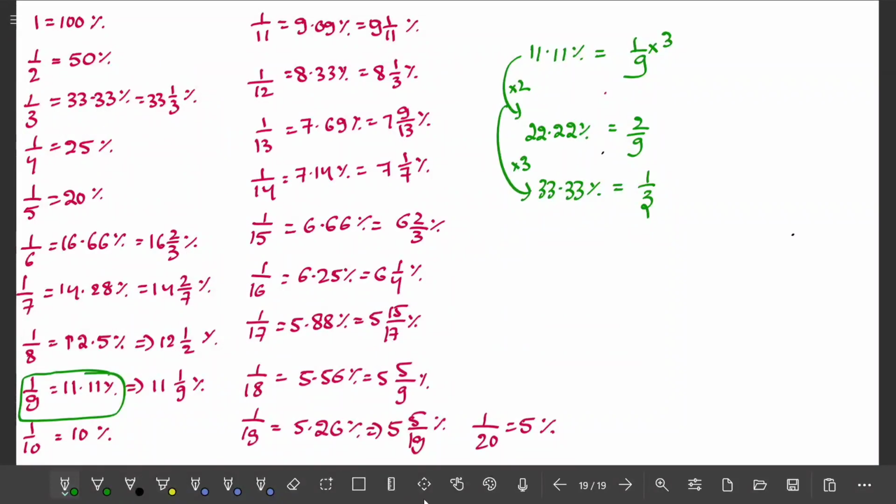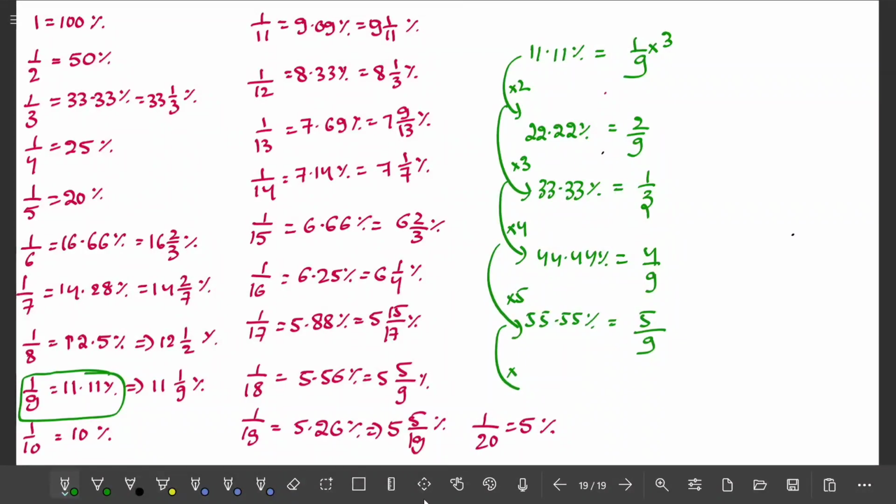Right? These are connected. And if I multiply it with 4, it becomes 44.44%, which is 4 by 9. If I do it with 5, 55.55%, which is 5 by 9. With 7, let us say, 77.77%, and that is 7 by 9.